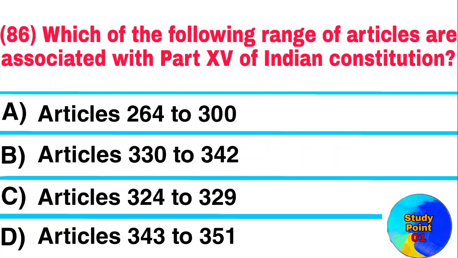A. Articles 264 to 300. B. Articles 330 to 342. C. Articles 324 to 329. D. Articles 343 to 351. Answer. Articles 324 to 329.